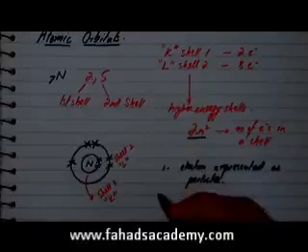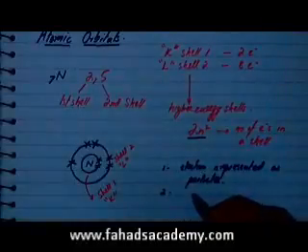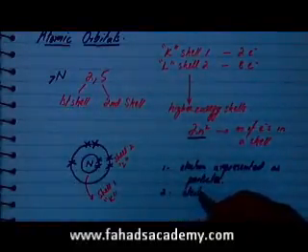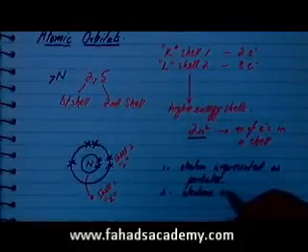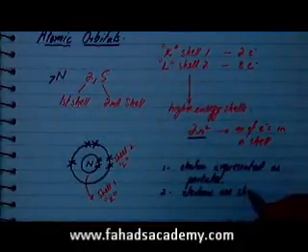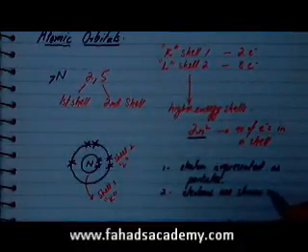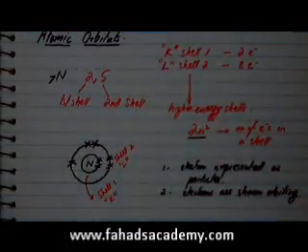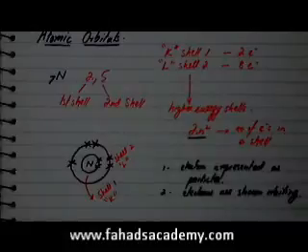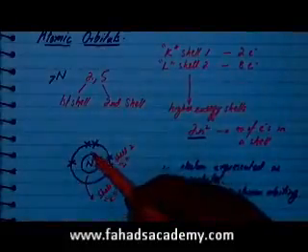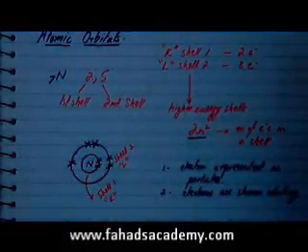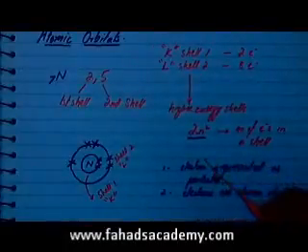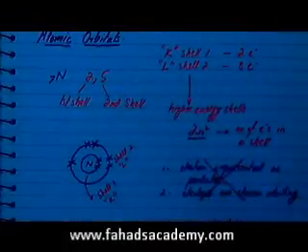And the second is that electrons are shown orbiting the nucleus. It's like the solar system, that planets are basically orbiting the sun, which represents the nucleus over here. So both of these assumptions are basically incorrect.